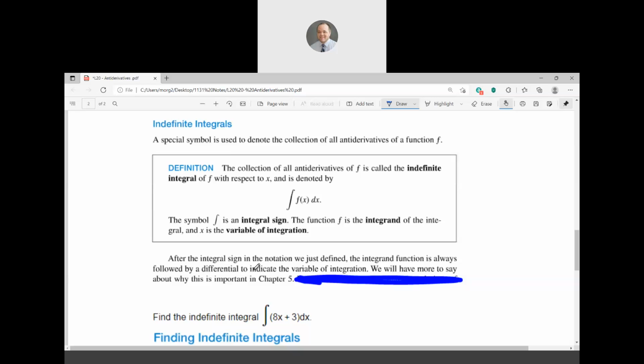The function lowercase f is called the integrand of the integral, and x is known as the variable of integration.